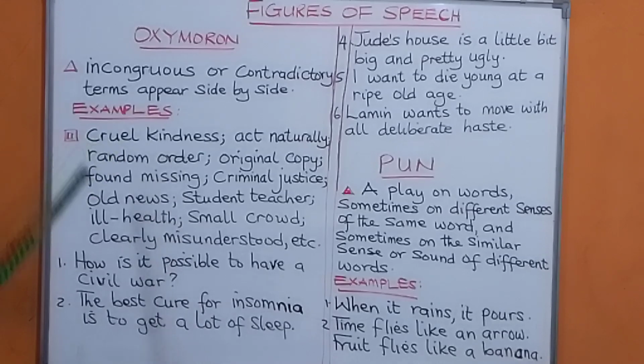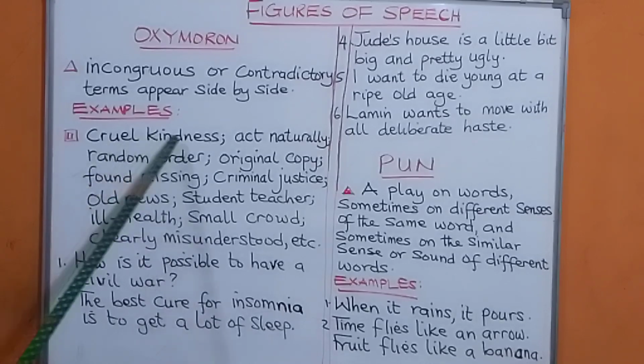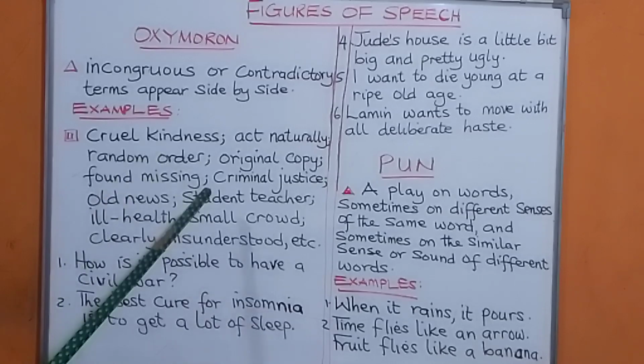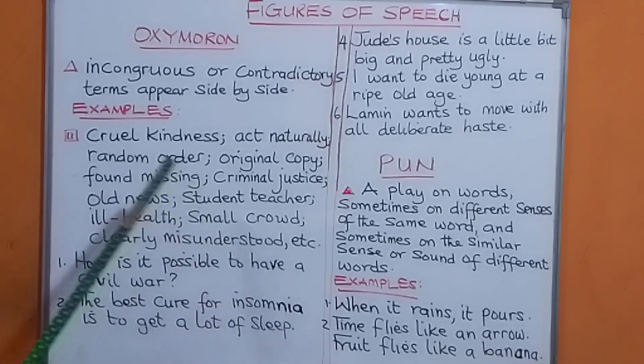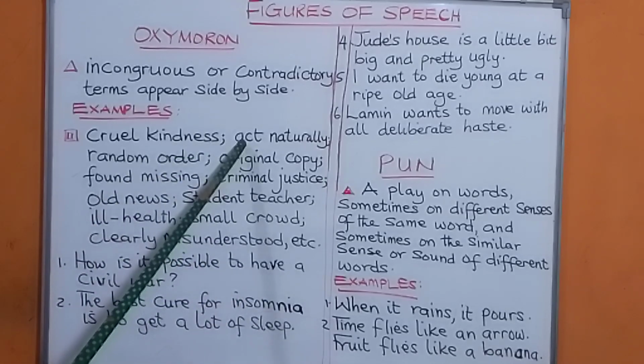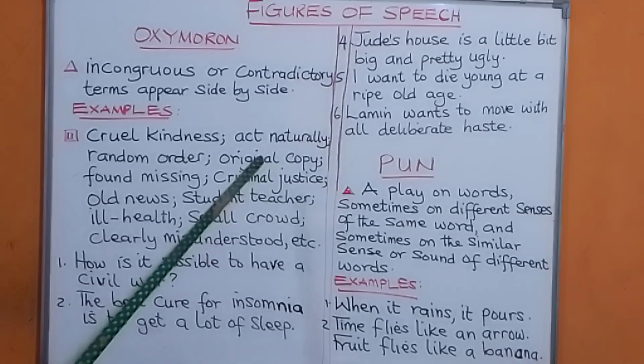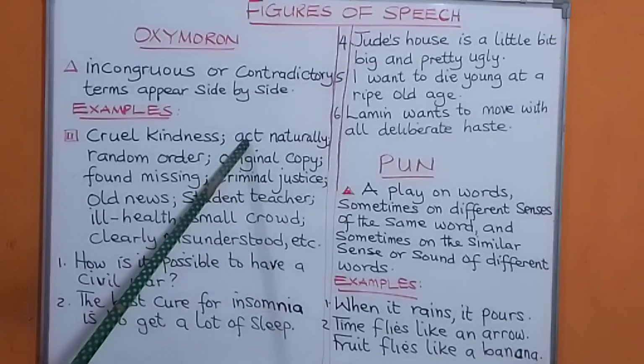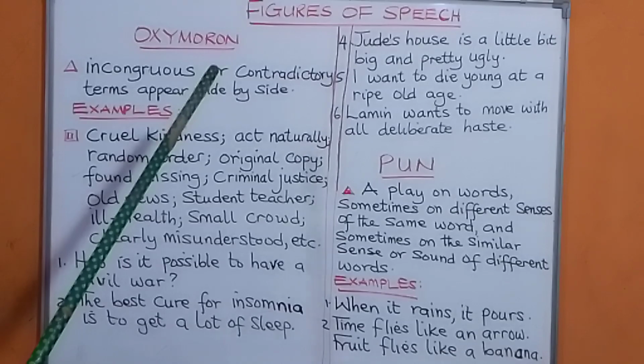Let's look at examples. When you say, oh, that was a cruel kindness, you are using cruel and kindness and placing them side by side. That is oxymoron. Look at another one, act naturally. If somebody says, I like to act naturally, how can you act, which is acting, and say it's natural?